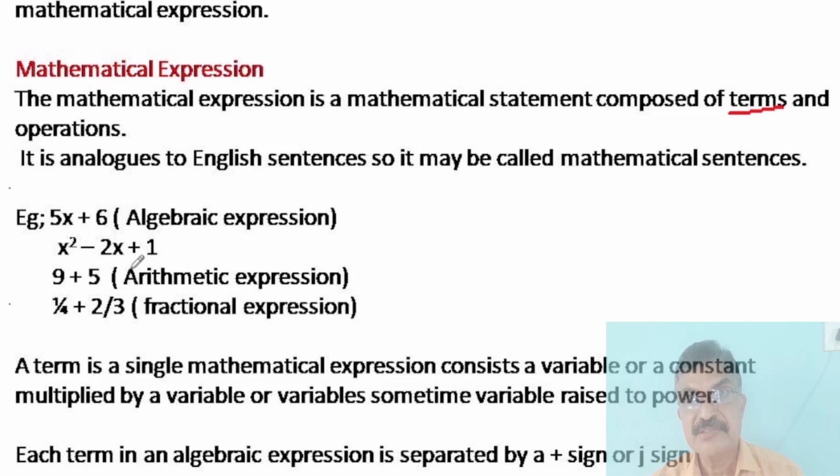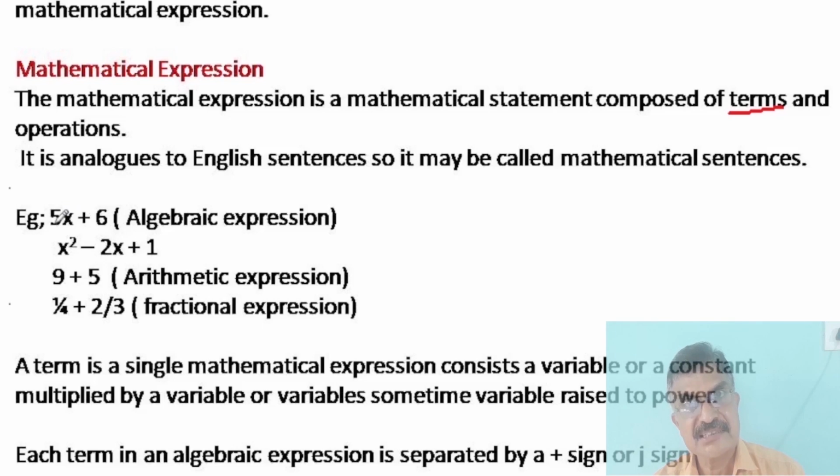While giving the correct definition, we say that a term is a single mathematical expression consisting of a signed number. Sometimes it may be plus, sometimes it may be minus. A signed number, or a variable, or a signed number multiplied by a variable. Here minus 2 is a signed number multiplied by a variable x.